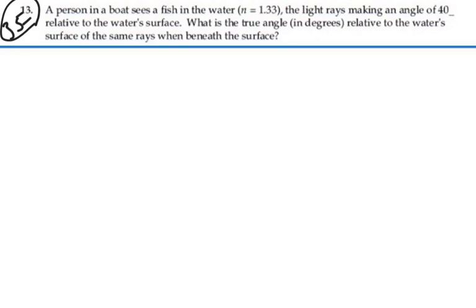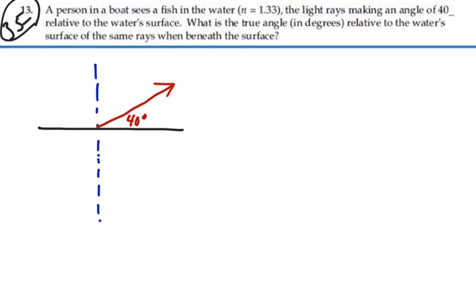Alright, let's imagine what's going on here. We have a water surface, and we'll set up a normal to the surface, and we have a light ray that is coming out at a 40-degree angle with respect to the water, and that's going to be seen by a person in a boat.